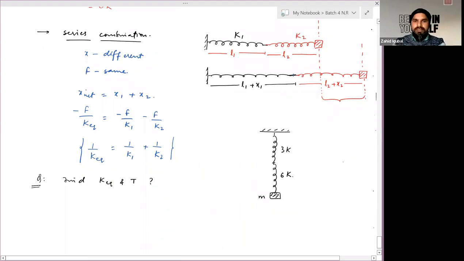According to this concept, try to find K equivalent and time period for this part.